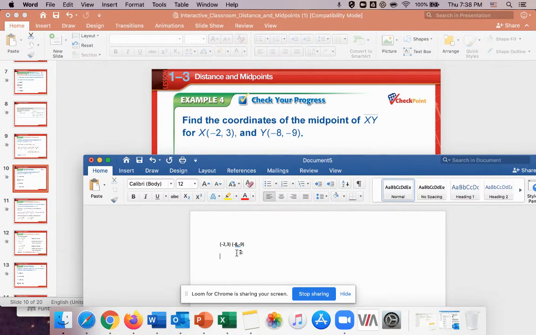Then we got to use our formula. So that'd be x1 plus x2 divided by 2. And then y1 plus y2 divided by 2. Let's make sure we label everything correctly here. So this is going to be x1.